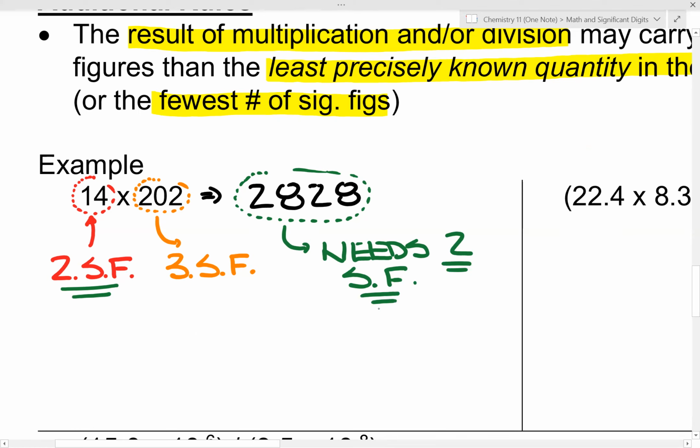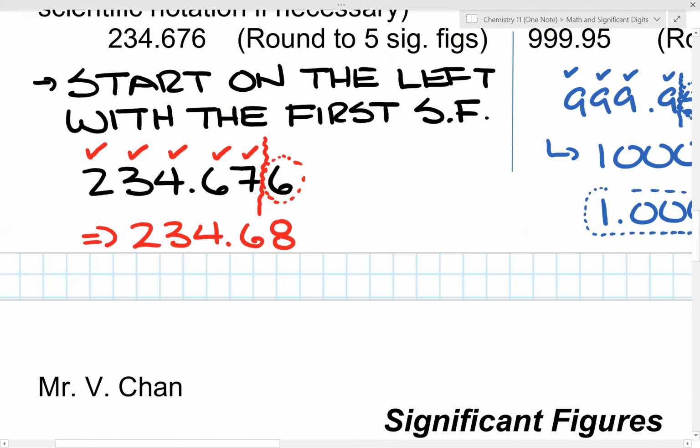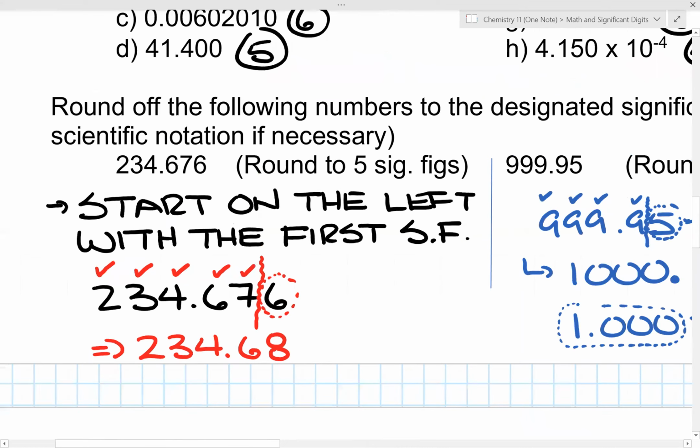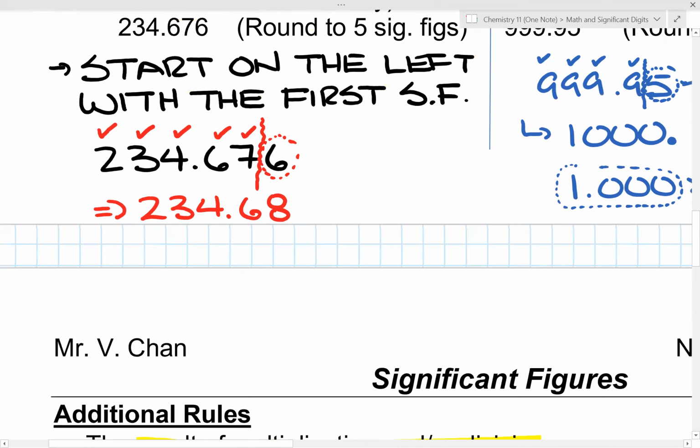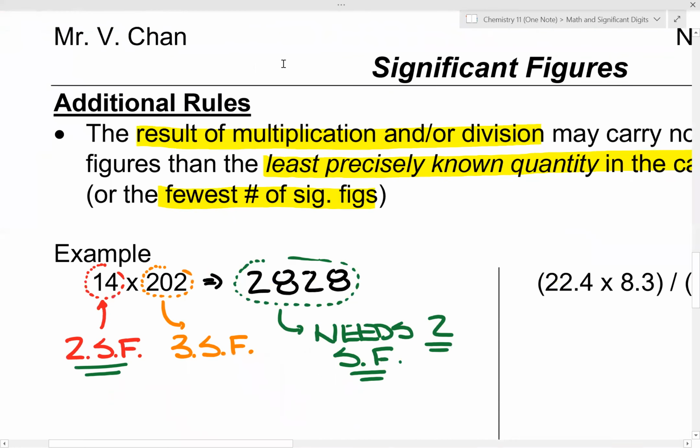Okay, so how do we change this to 2 sig figs? By following this rounding. Remember, we start on the left with the first sig fig. Okay, now I'm going to pause it here. I'm going to let you try to figure it out before we move on.